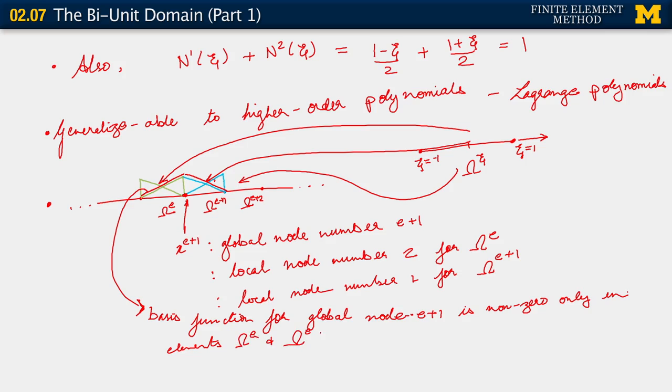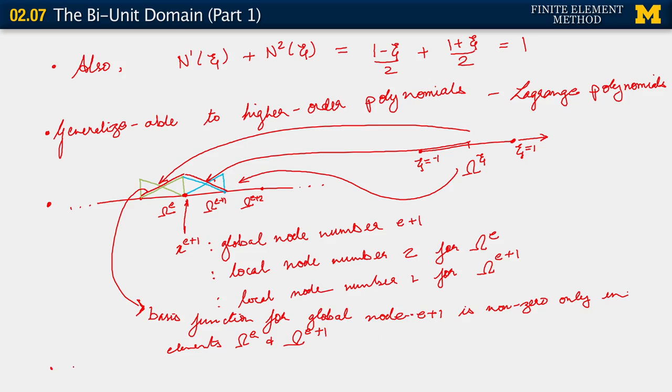omega E plus 1. We may choose to regard the basis function corresponding to global node number E plus 1, this red hat function that I have outlined here, as a globally defined basis function. However, its support is very local. Its support is local to the two elements, in this case, adjoining the node of interest. Okay?